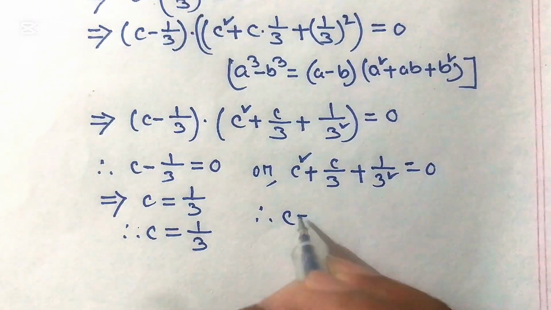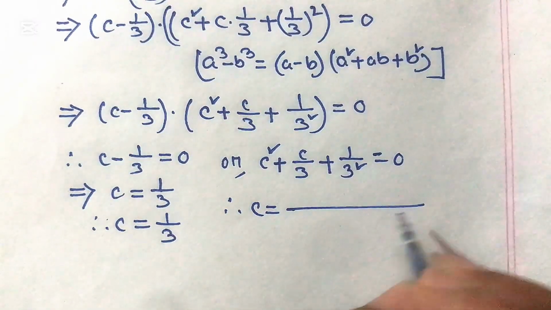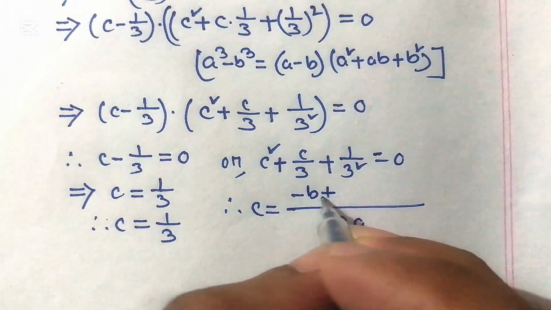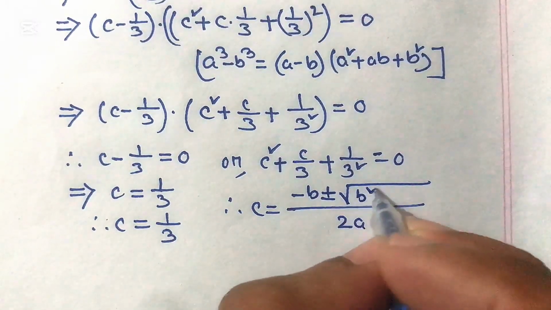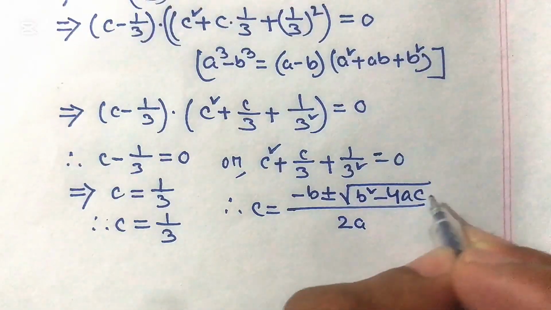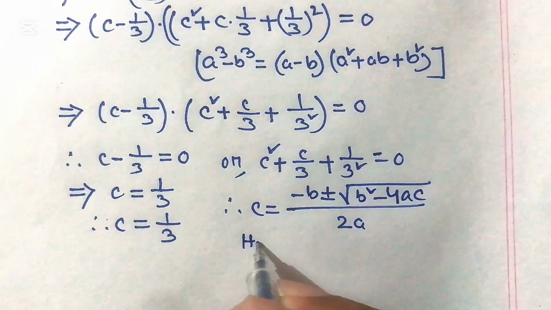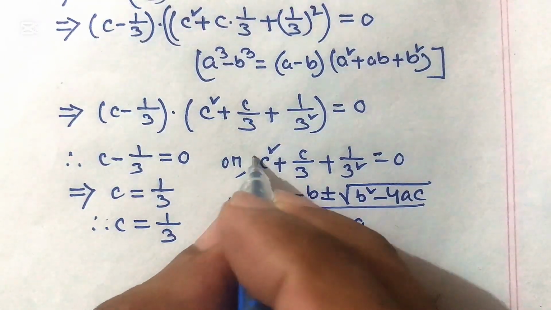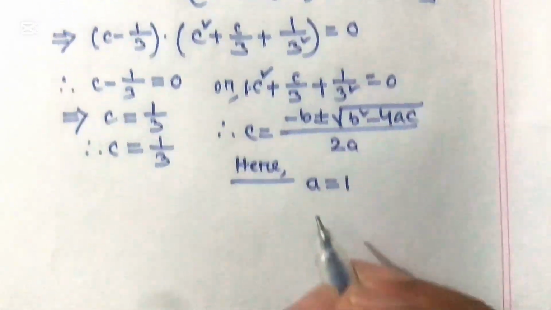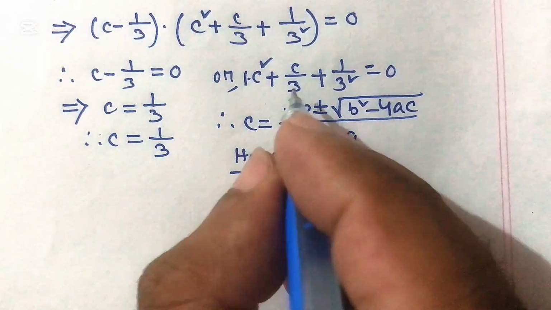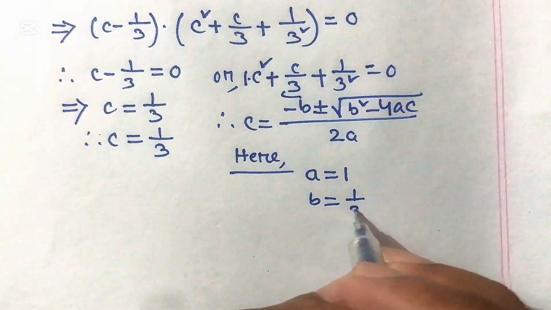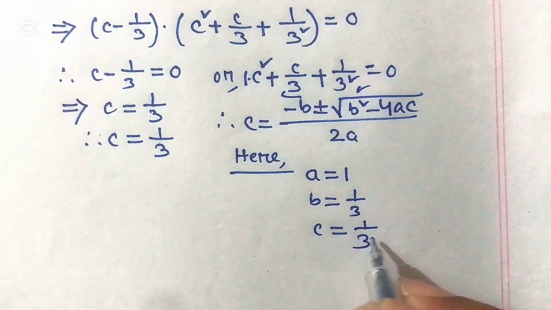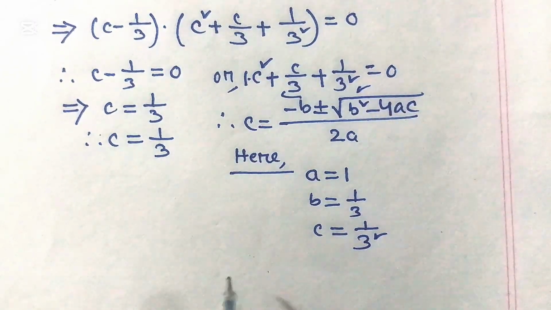Here c is equal to (−b ± √(b² − 4ac)) / 2a. Here a is equal to 1, b is equal to 1/3, and c is equal to (1/3)².